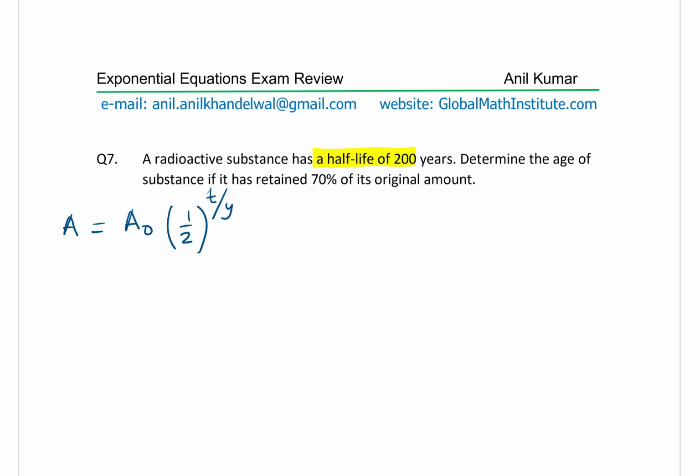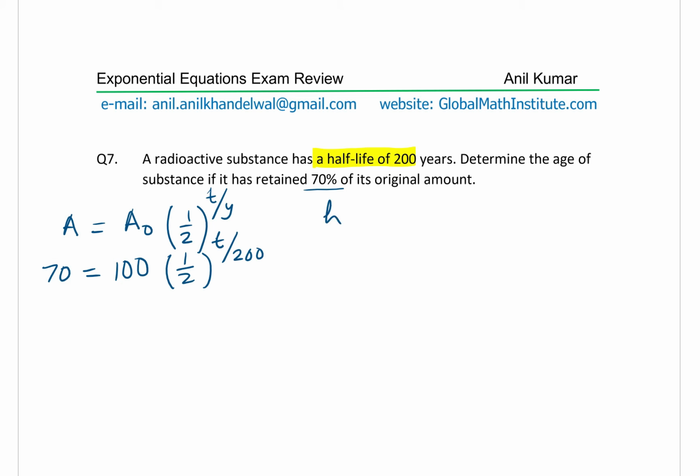Let me write y as my variable for number of years. Now, when we say that it has retained 70%, the amount today is 70 out of 100. So we could write this as 70 out of 100. You could use this, or you could also write 0.7. But anyway, we'll do it like this, and t over the half-life of 200 years. So 200.